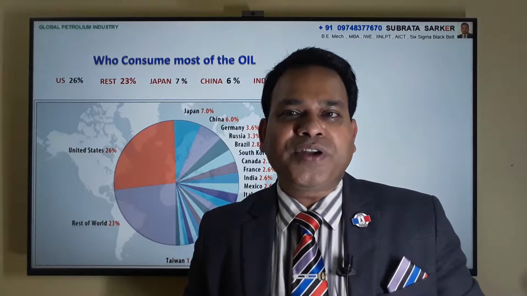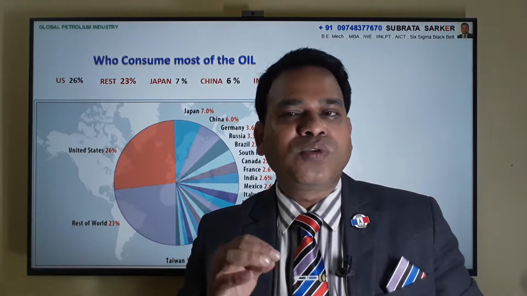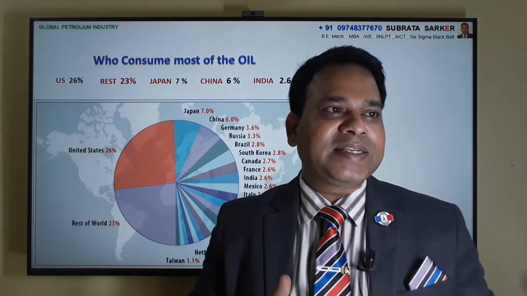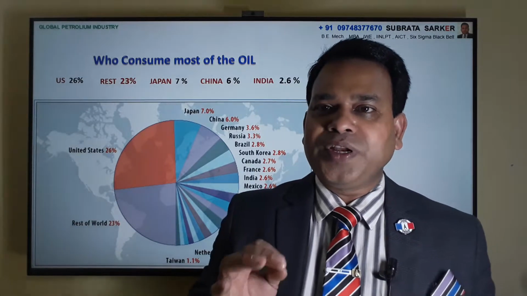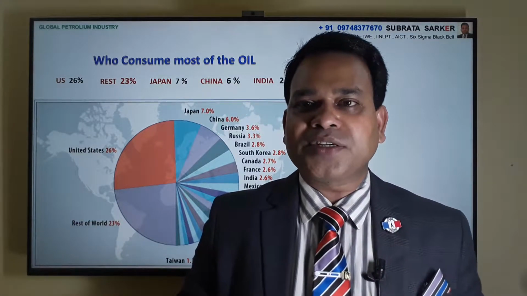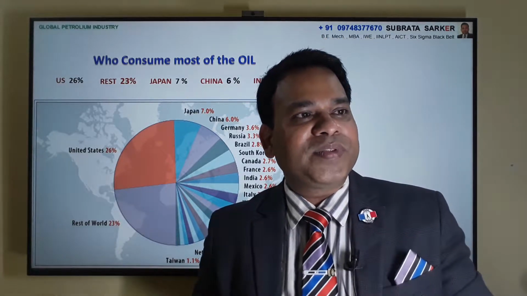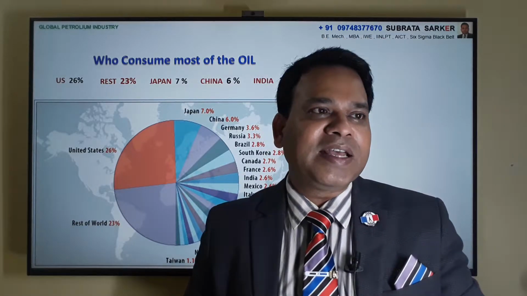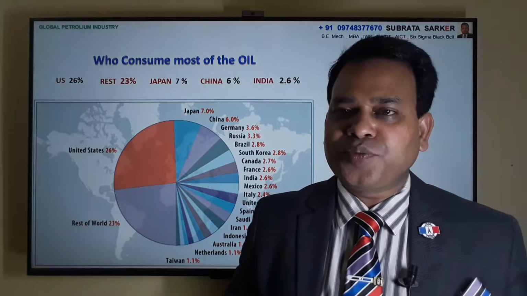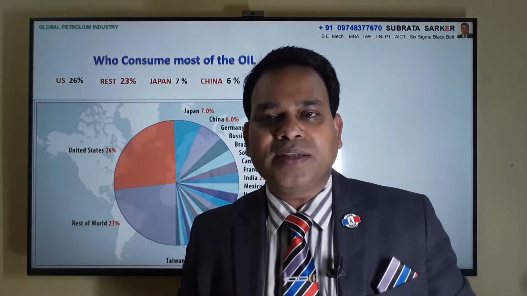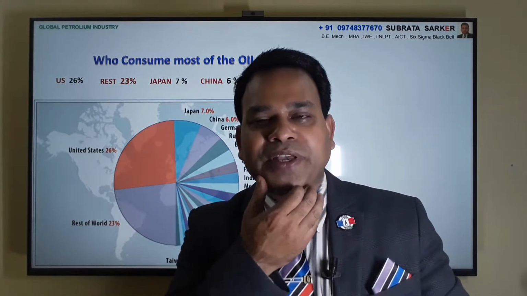If we look at the picture of the consumers, like who consumes how much, as I said, the US consumes 23% of the whole global production, the second is Japan 7%, then China 6%, India 2.3%, and the rest of the world around 26%.